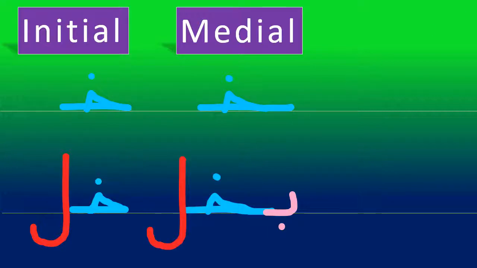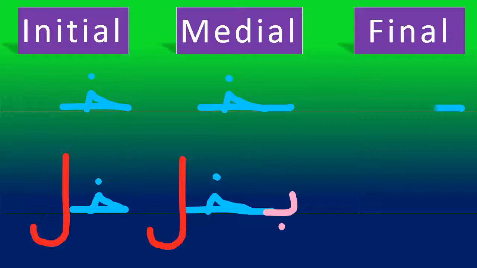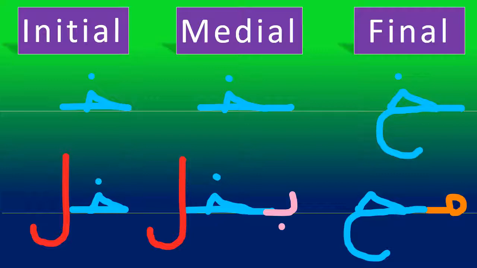Bukhl, ba, kha, and lam. It means stinginess. The final position of the khaa looks like this, just like the Jeem and the ha, but the dots, as I said, on top of the shape. Here is an example. This is a two-letter word also. This is mim, this is khaa, mukh. Mukh means brain in English.